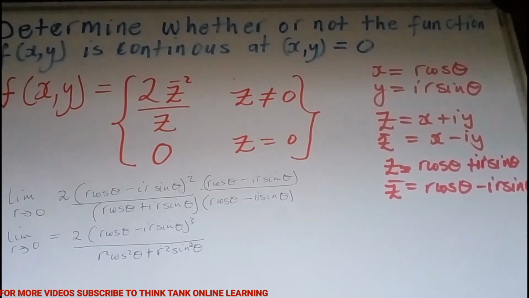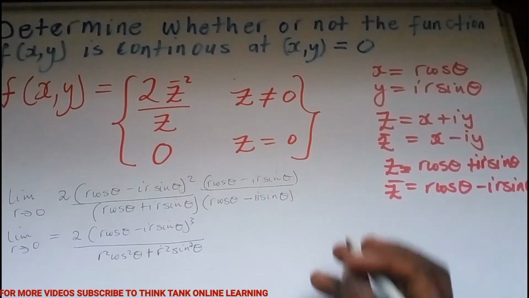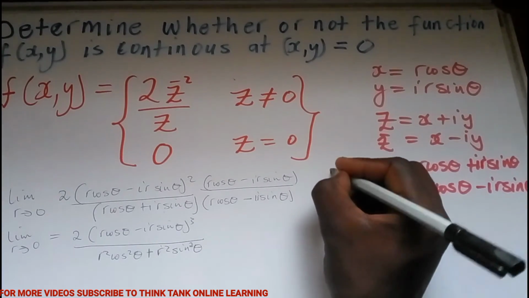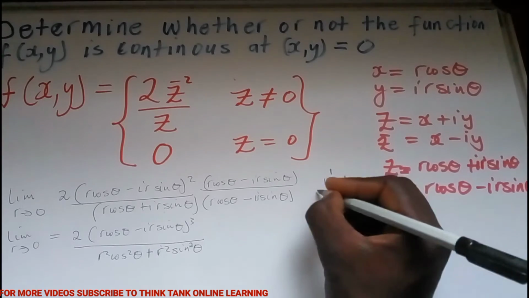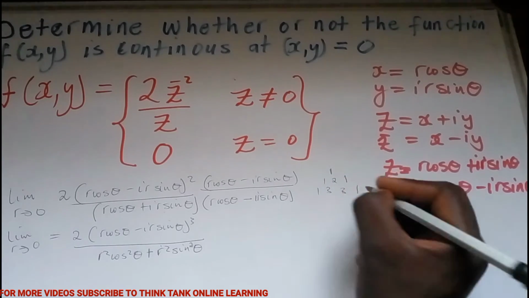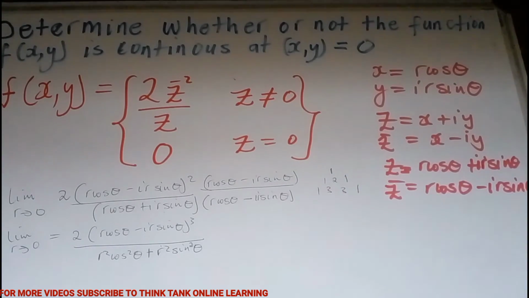Now I want to expand this, and I'm going to use Pascal's triangle. These are the coefficients: 1, 2, 1, then 1, 3, 3, 1. You can also use binomial expansion.